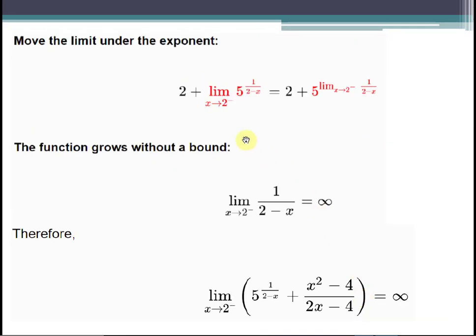In the first case, we have just the limit of this one, 2 minus, 1 over 2 minus x. And now, x is less than 2, so we have a positive value in the denominator. So if it is less than 2, it goes to plus infinity now. So 5 to the power of infinity, it is infinity. So infinity plus 2, it is again infinity.